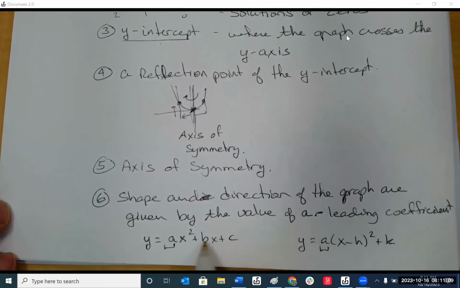And we'll learn how to go from the standard form to the vertex form, or from the vertex form to the standard form. We can transfer them both ways equally.